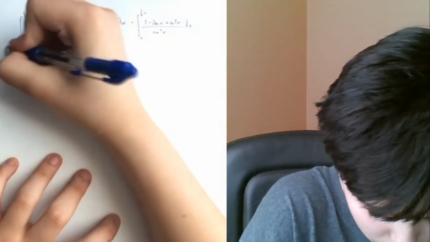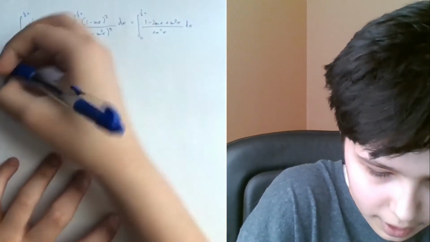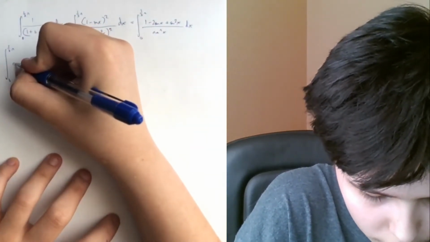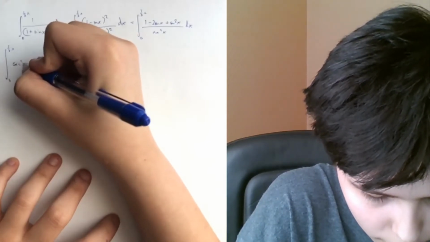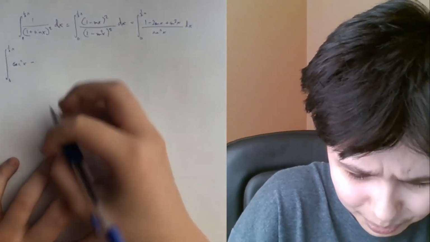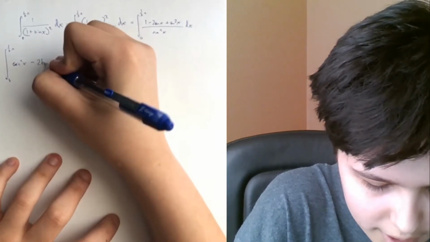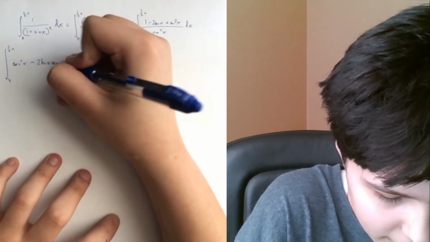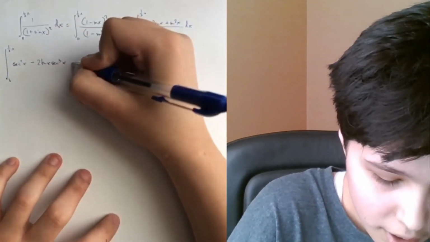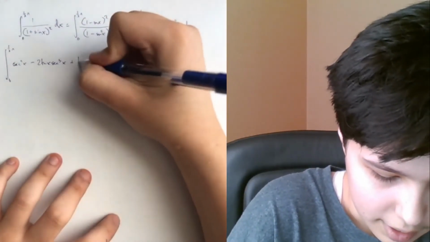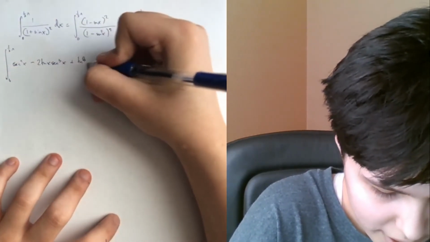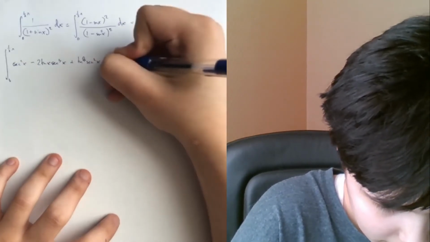giving me the integral 0 to a third pi of sec to the 4x minus 2 tan x sec cubed x plus tan squared x sec squared x dx.